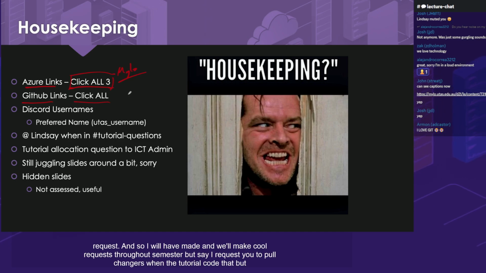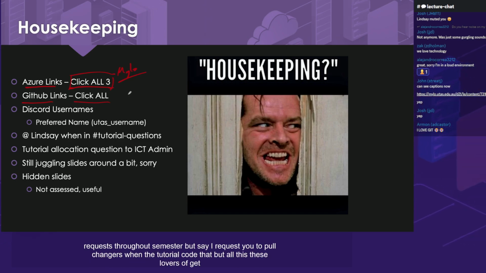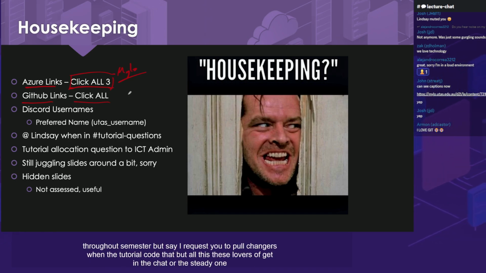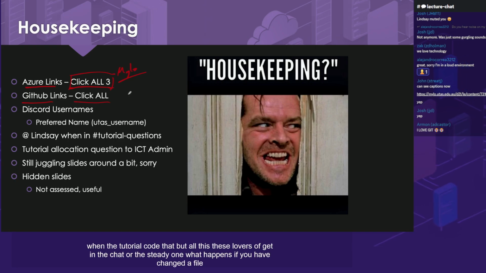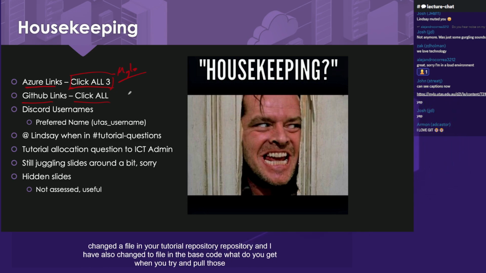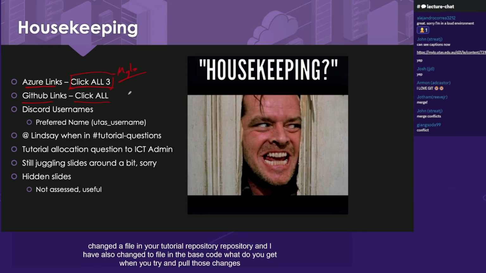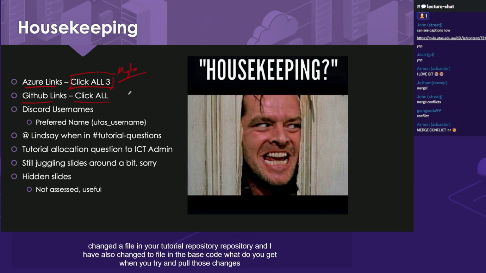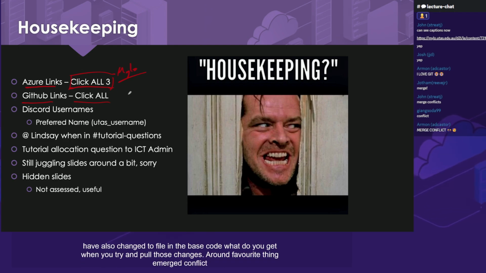But all you lovers of Git in the chat, or just anyone, what happens if you have changed a file in your tutorial repository and I have also changed a file in the base code? What do you get when you try and pull those changes? Everyone's favorite thing, a merge conflict. Normally, a merge conflict can be manually resolved.